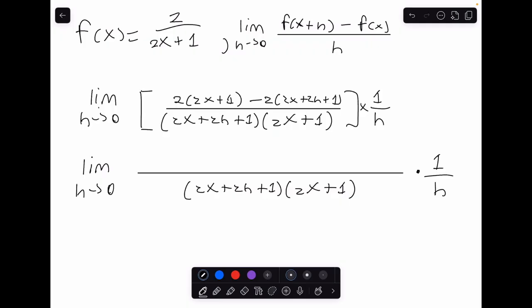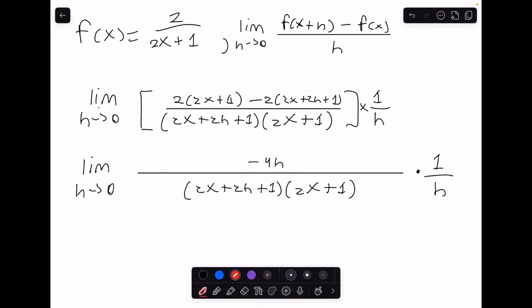So 2 times 2x, 4x. 2 times 1, positive 2, minus negative 2 times 2x, that's negative 4x, and then minus 4h minus 2. So let's cancel. This 4x is going to cancel with negative 4x. The 2 is going to cancel with negative 2. And we're just left with negative 4h.